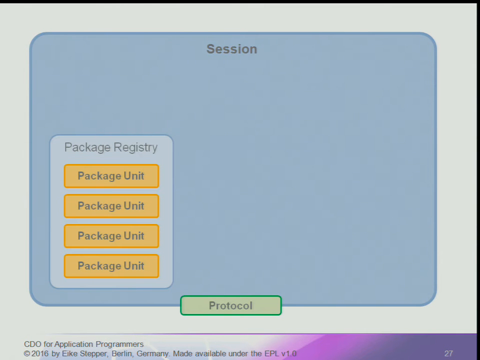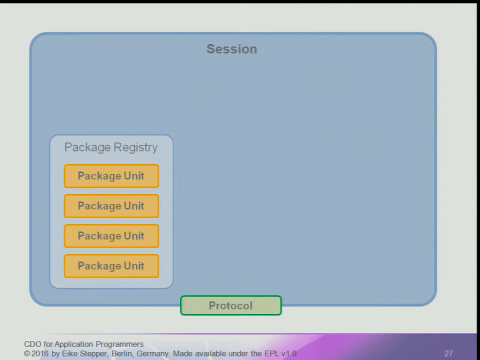So what happens in a typical CDO client application? The first thing you create is a session. You open a session to the repository. The session operates or communicates over the network through a so-called Net4j protocol. And the session contains some infrastructure, for example, a lazy package registry.